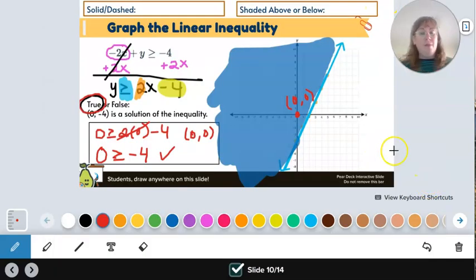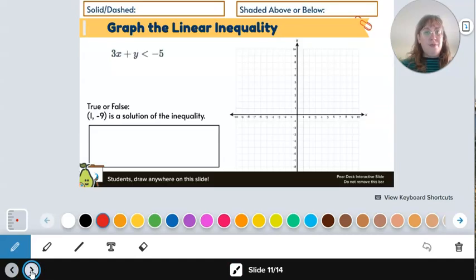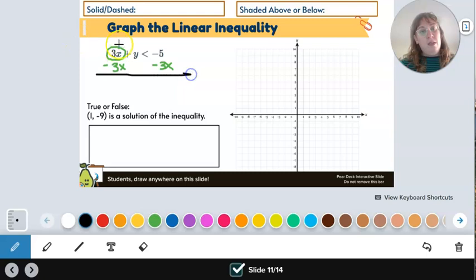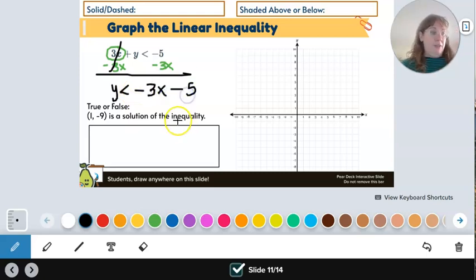Okay, push ahead to slide 11. So again, we want to get this into slope-intercept form first. We have this positive 3x, so we're going to subtract it from both sides. And then we get y is less than -3x minus 5.